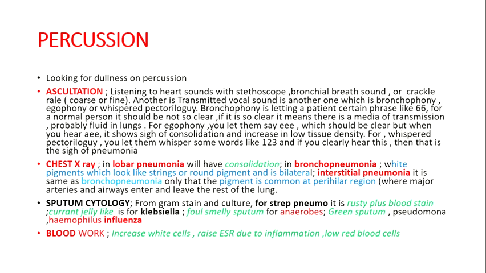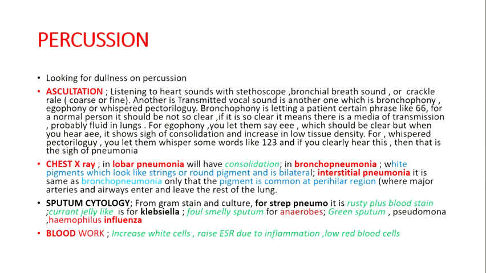So the shadows will be in those regions, not in every region of your lung. It's the same as bronchopneumonia, but only common in regions where arteries and airways enter or leave the lung.